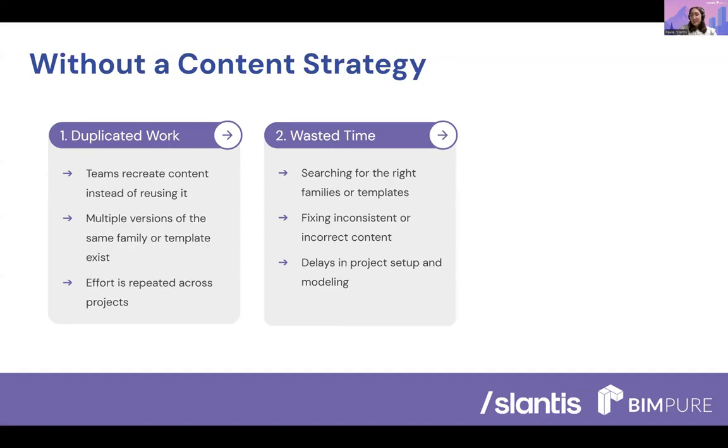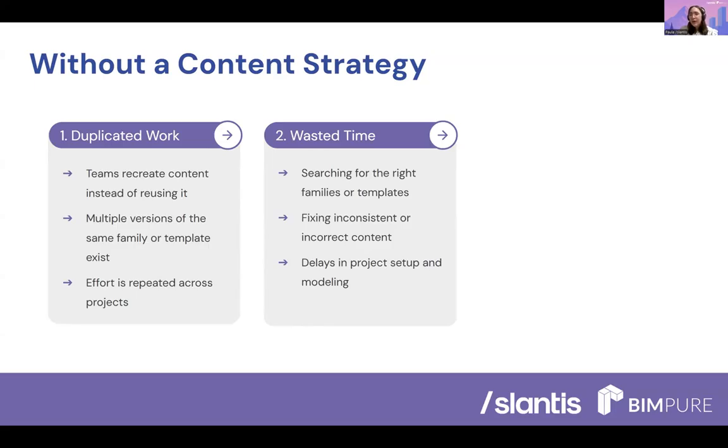So wasted time searching for the right families or templates because we don't know where they are. A lot of wasted time fixing inconsistent or incorrect content. This goes hand in hand with what I said before. So we have a content, we don't know where it came from. Maybe someone downloaded it from a manufacturer on the internet, and it has a lot of parameters, it weighs a lot.